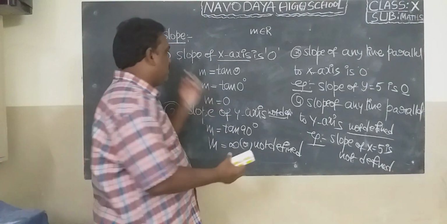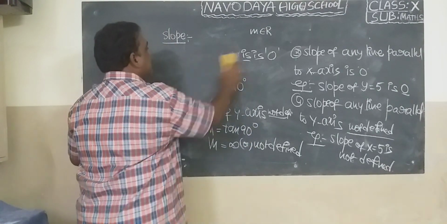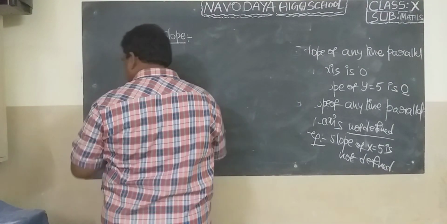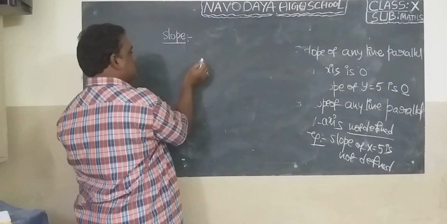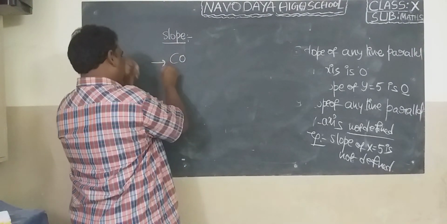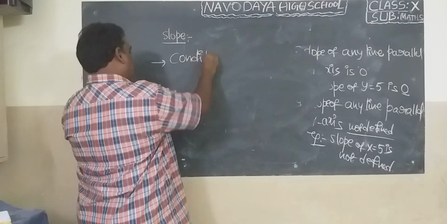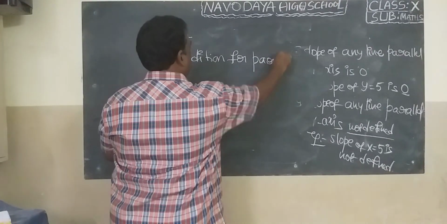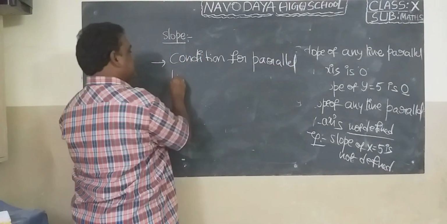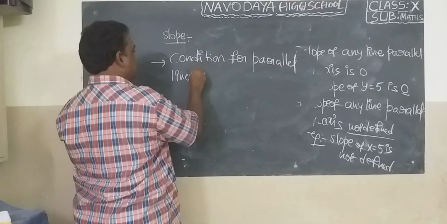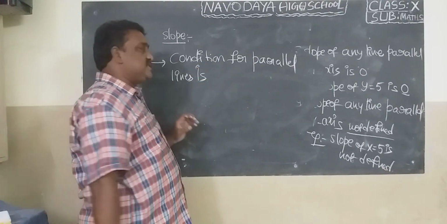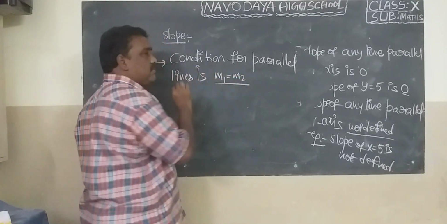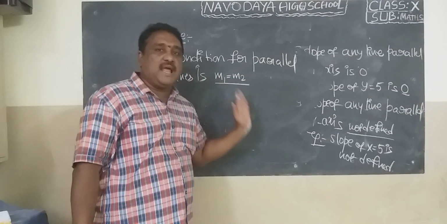Next, about slope only. Condition for parallel lines. When are two lines said to be parallel? What is the condition for parallel lines? Slopes are equal. So remember, if slopes are equal, then the lines are parallel.